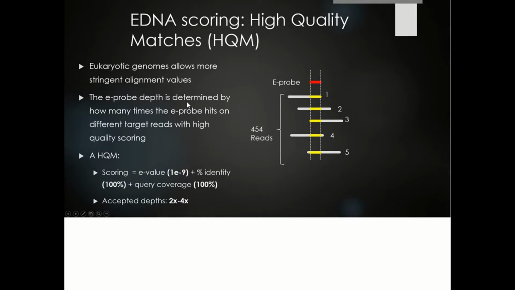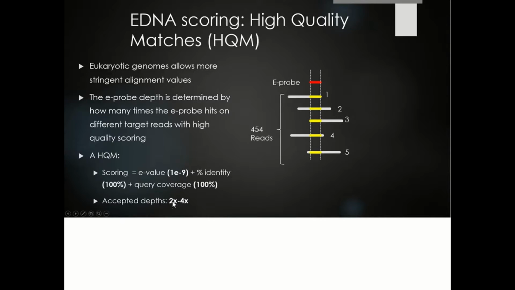EPROB depth is determined by how many times the EPROB hits on a different target read with high quality scoring. We select the scoring from the BLAST output. What I call a high quality match from this pairwise alignment uses the e-value we all are using, 10 to the negative 9, a percent identity of 100%, and a query coverage of 100%, which I can use with eukaryotic genomes because I have many EPROBs.